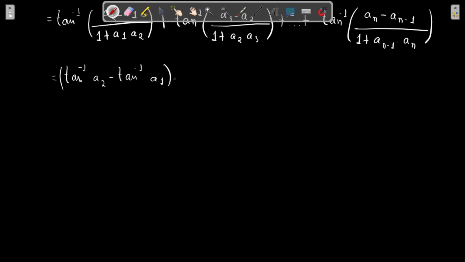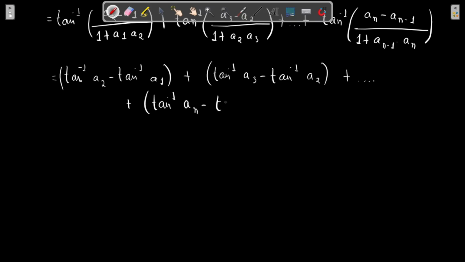This is the first term, and then the second term we can write as tan⁻¹a₃ − tan⁻¹a₂, and so on up to the last term, which is tan⁻¹aₙ − tan⁻¹aₙ₋₁.